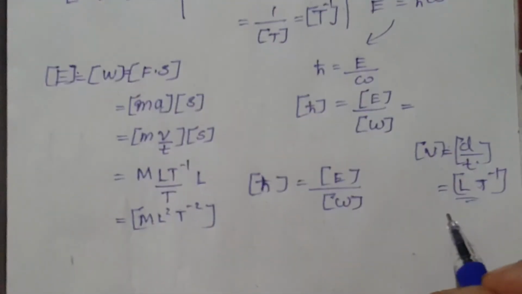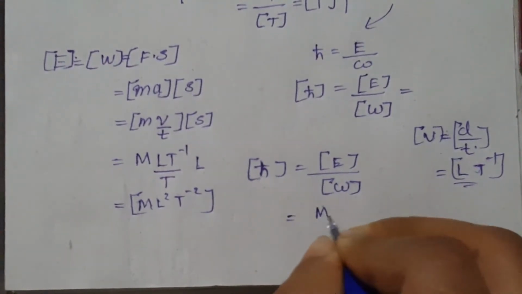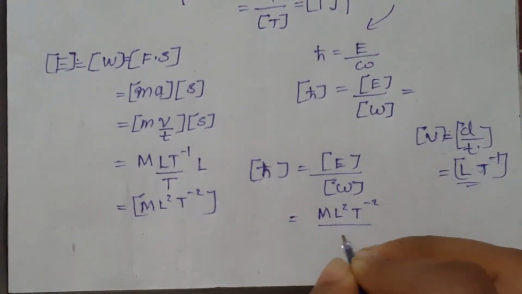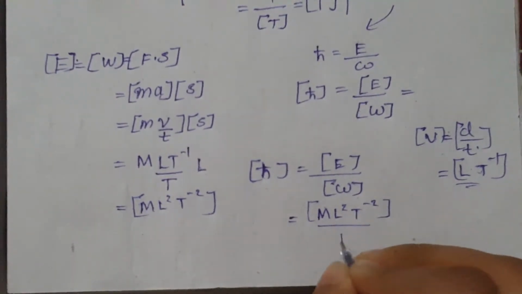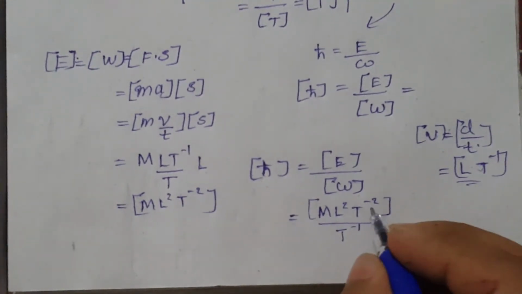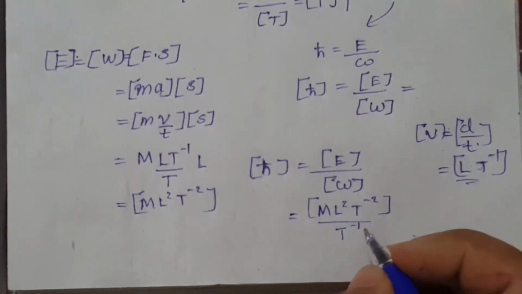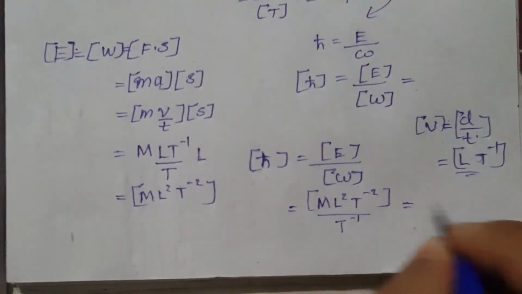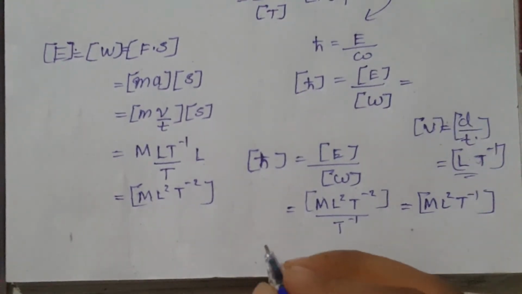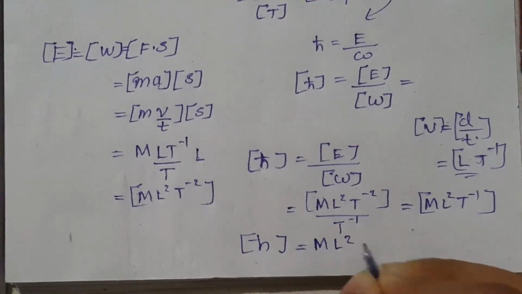So we can write the dimension of h cut as M L square T raised to minus 2 divided by T raised to minus 1. Now take the T upward, so it becomes plus 1. So minus 2 plus 1 becomes minus 1. So we have the dimension of h cut as M L square T raised to minus 1.